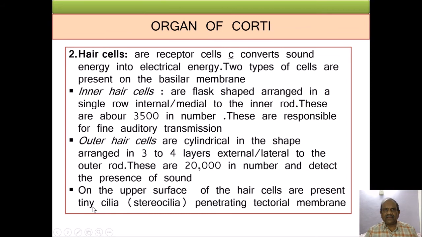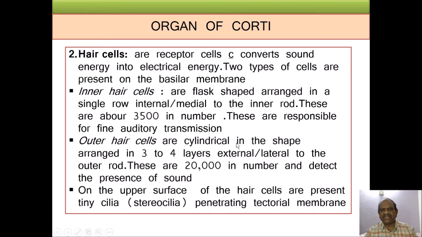The inner hair cells are flask shaped, as I just mentioned, and arranged in a single row internal or medial to the inner rod. These are about 3,500 in number. These are responsible for fine auditory transmission.